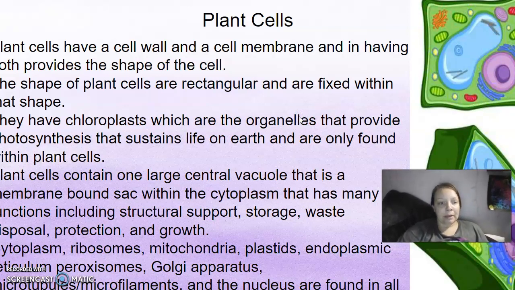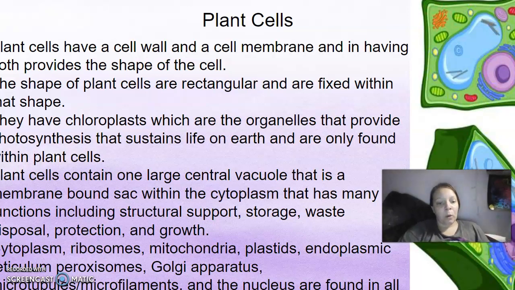So plant cells have a cell wall and a cell membrane, and in having both, it provides the shape of the cell. The shape of plant cells is rectangular and fixed. They have chloroplasts, which are the organelles that provide photosynthesis that sustains life on Earth and are only found within plant cells.